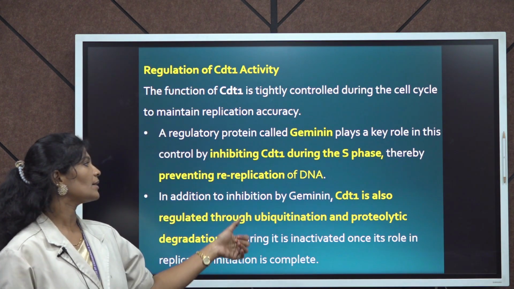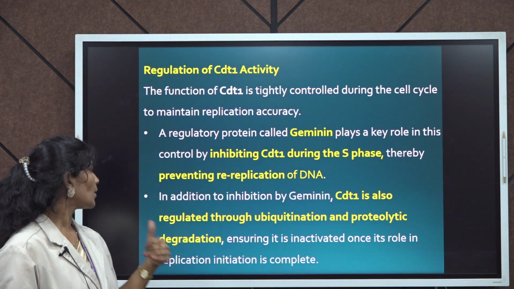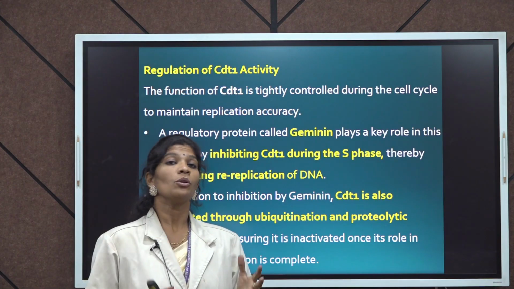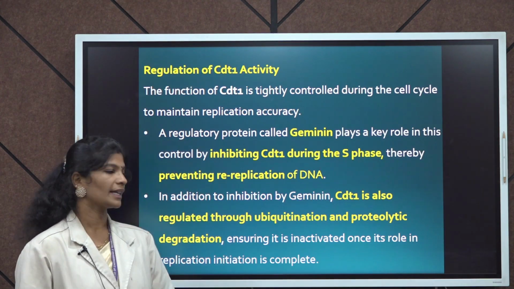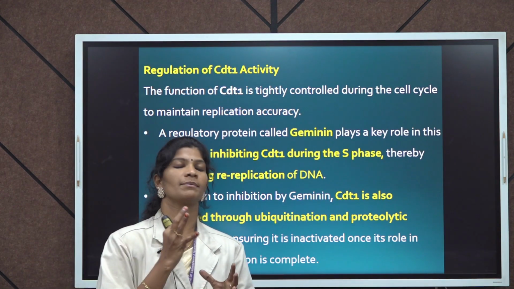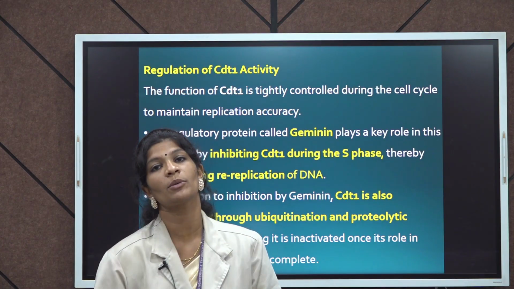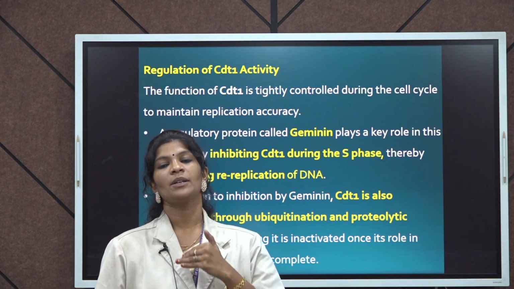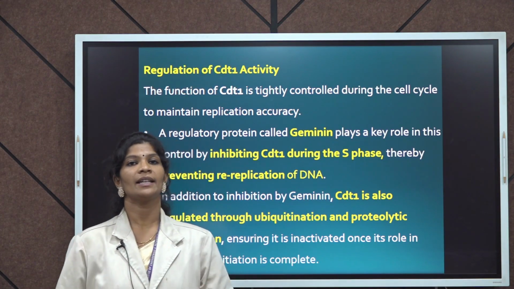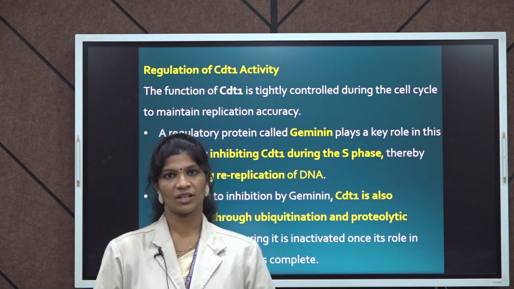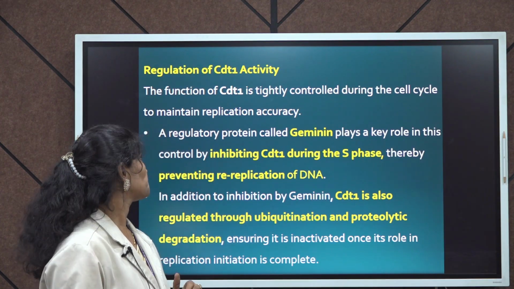In addition to the inhibition by geminin, CDT1 is also regulated by ubiquitination and proteolytic degradation, which means once its role is finished, it has to be ubiquitinated and subsequently proteolyzed, degraded, so that replication of DNA will be halted.